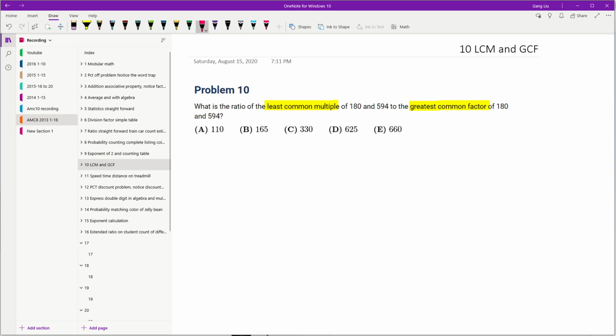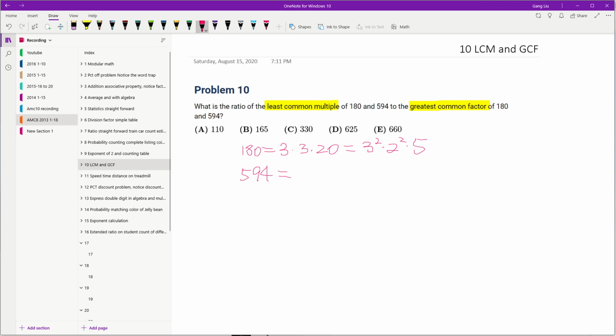So let's do the prime factorization completely. 180 is equal to 3 multiplied by 60. 60 is 3 multiplied by 20, and so 180 equals 3 squared multiplied by 2 squared multiplied by 5.